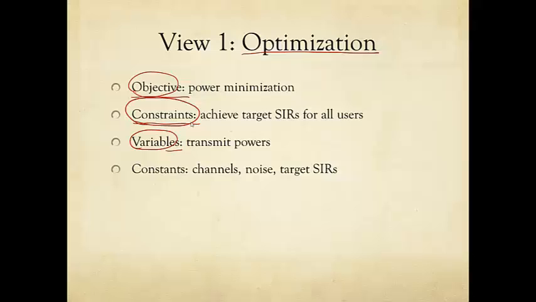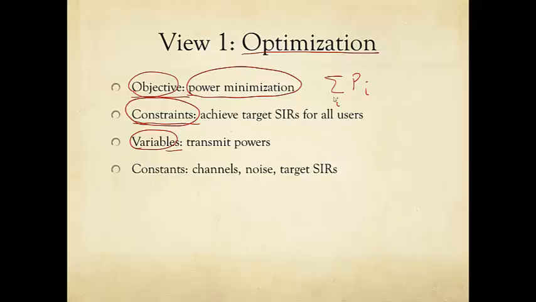In each optimization problem, there are four main data fields. One is, of course, the objective. Now, in the case of transmit power control in cellular networks, the objective is to minimize the sum of the individual transmit powers. So we'll write minimize the sum of the P_i over i's.